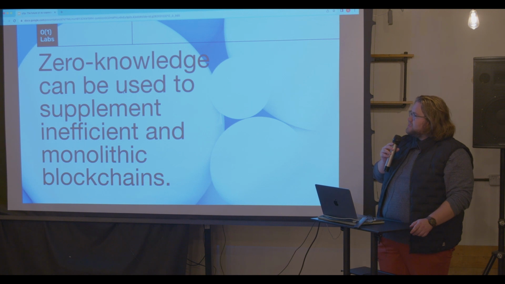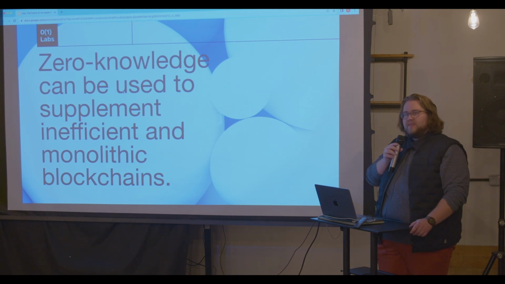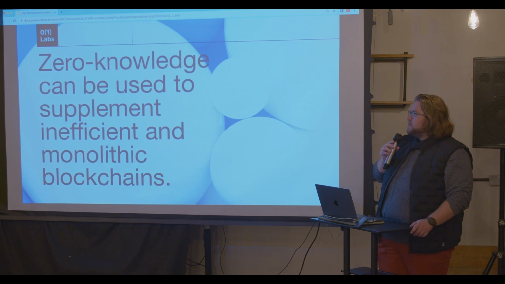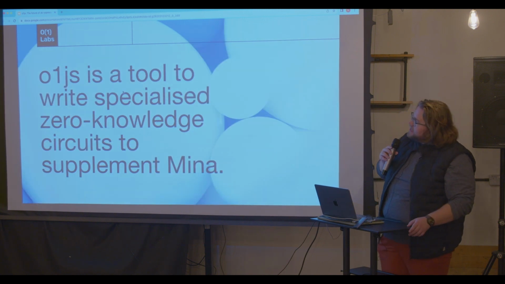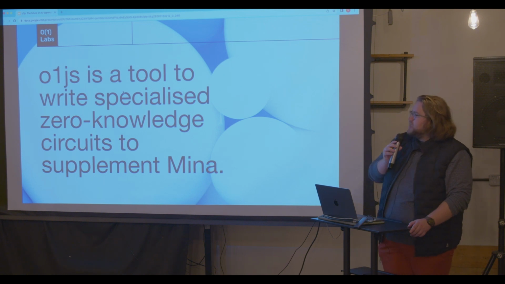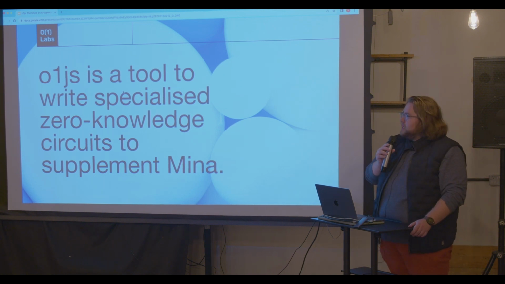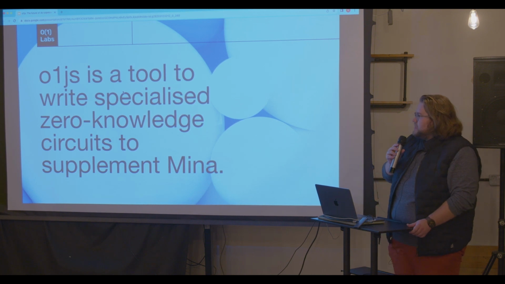The entire Mina system and the ZK apps protocol that Nathan talked about is focused on this idea to offload computation off-chain and run it in the browser of the user, and then only verify the result on-chain.